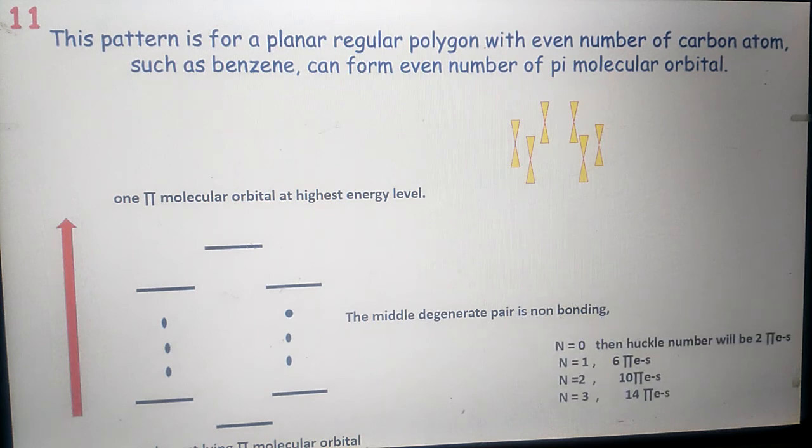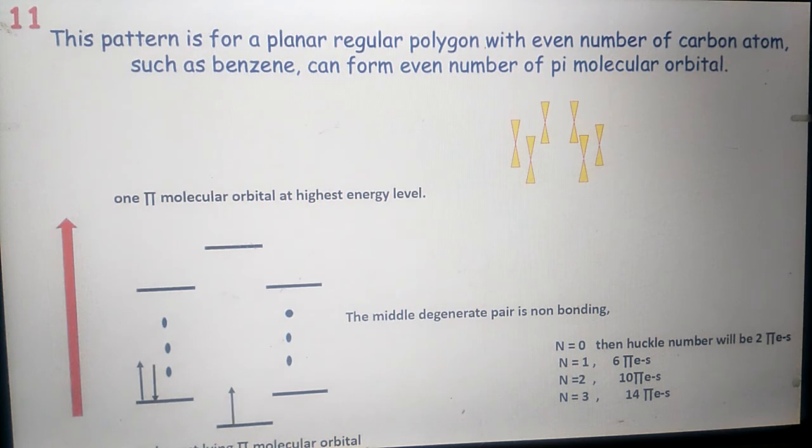This pattern is for a planar regular polygon with an even number of carbon atoms. It consists of the lowest pi molecular orbitals, called bonding pi molecular orbitals, which are lowest in energy. The middle ones are called non-bonding pi molecular orbitals, and the highest are called anti-bonding pi molecular orbitals.